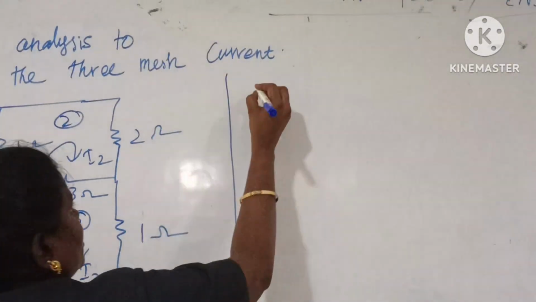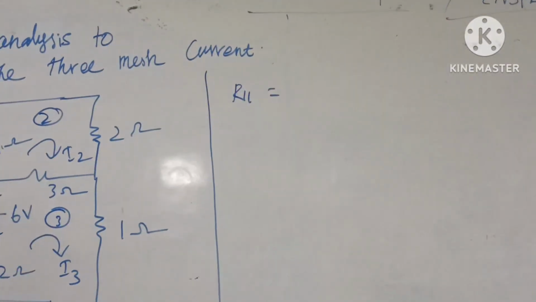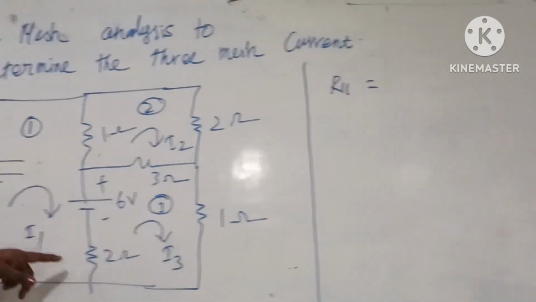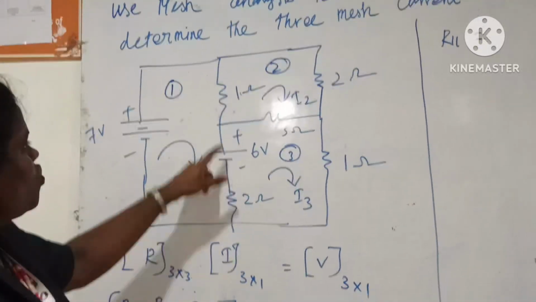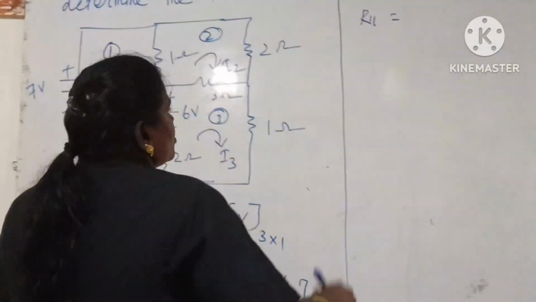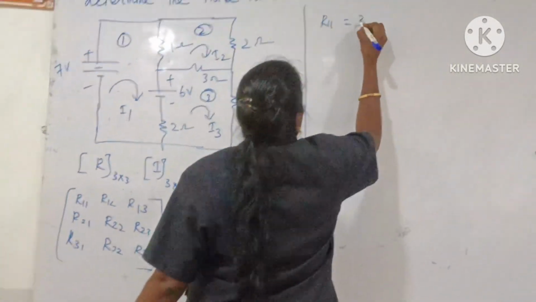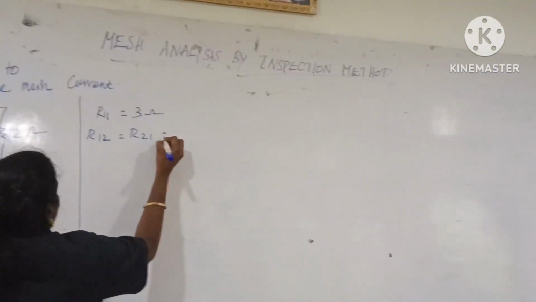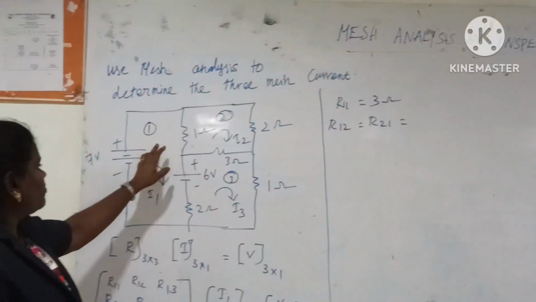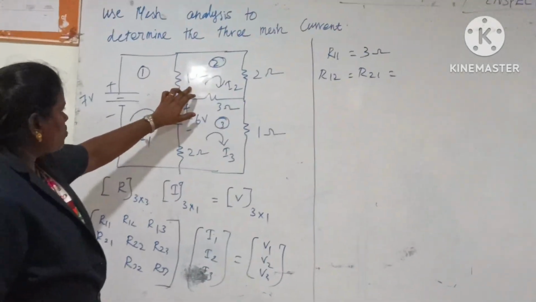We find R11, the sum of all resistance in loop 1. What is the resistance in loop 1? 1 ohm and 2 ohm resistances are present in loop 1. So 1 plus 2, 3 ohm. Next, R12 is equal to R21. The common resistance between loop 1 and 2 is the 1 ohm resistance.